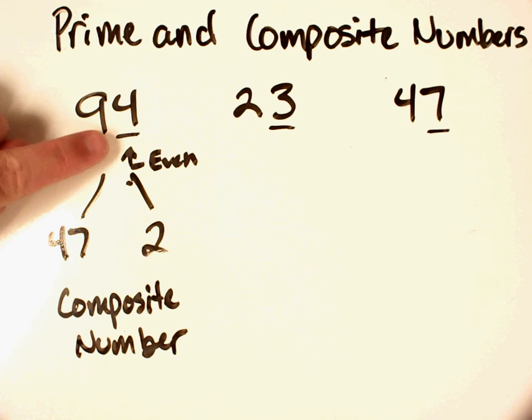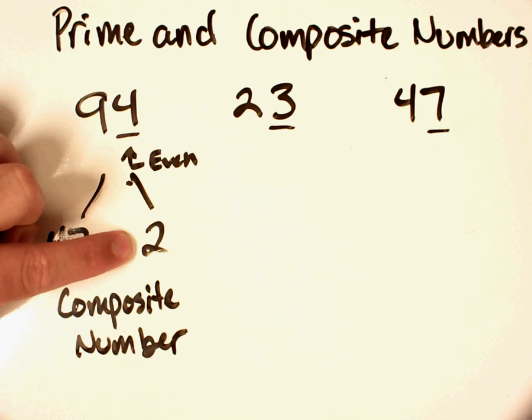Anytime there's an even number in the ones place, I can always, always, always divide by 2. All right, the only exception is 2 itself, because 2 is actually a prime number, because the only thing I can divide 2 by is itself or 1.